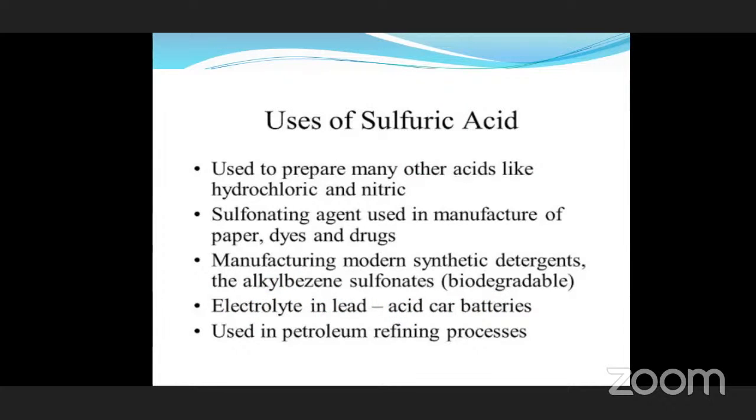Sulfuric acid acts as the electrolyte in lead acid car batteries. Then the last one, it is used in the petroleum refining process. To refine and purify petroleum, we have to use sulfuric acid also. So this is about the main uses of sulfuric acid.